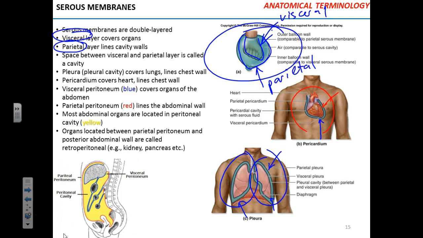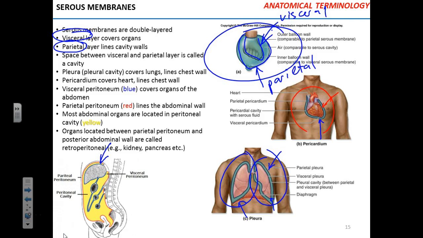Another organ that, well, it's not even one organ, many organs that are covered with serous membrane are the organs of abdominal peritoneal cavity. So organs that are covered by visceral peritoneum, for instance, transverse colon or liver, okay?